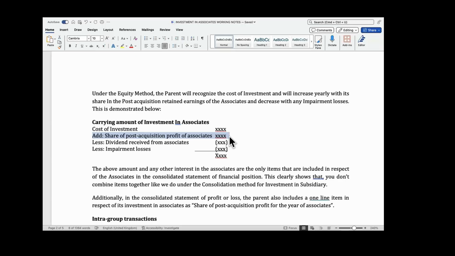The downside of that is that it decreases your investment. So what happens if your share of loss is now turning your investment to negative? Are you now going to have a negative investment in the consolidated financial statement?